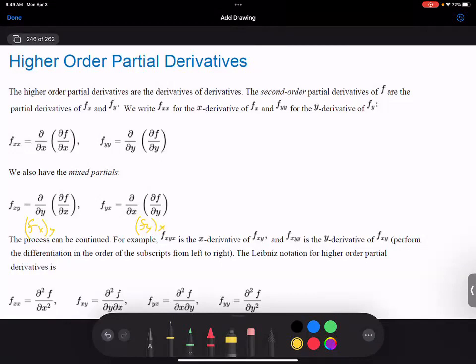I'm viewing this as d by dy of df dx. That's why I have dy dx in that order down below, because I'm taking the partial with respect to y of the partial with respect to x. It's a little bit annoying that that seems to be in the opposite order from what I'm seeing over here.